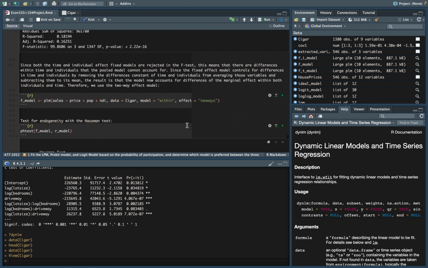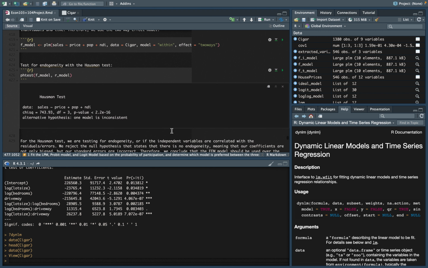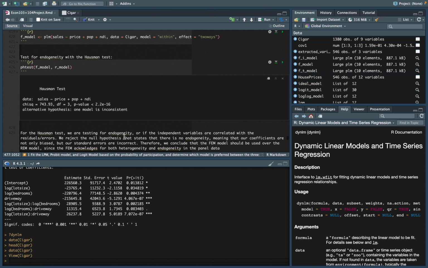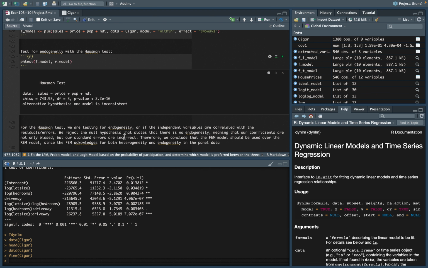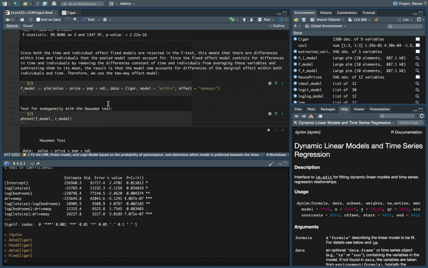And then we can also test for endogeneity between the fixed effect and the random effect model using the Hausman test. And unsurprisingly, this test is rejected. The null hypothesis is rejected, which means there is endogeneity, and so we conclude a fixed effect model is more necessary than the random effect model, because these differences are not random and they are consistent across individual and time.